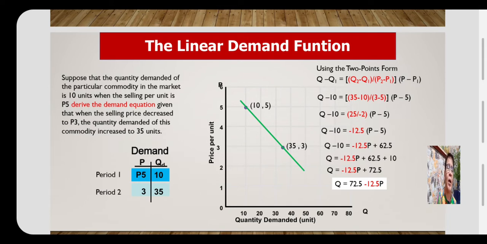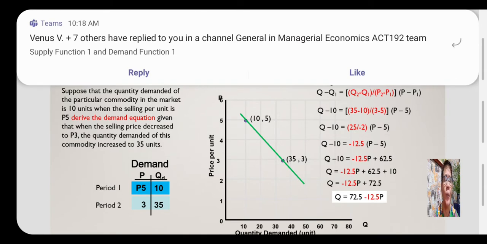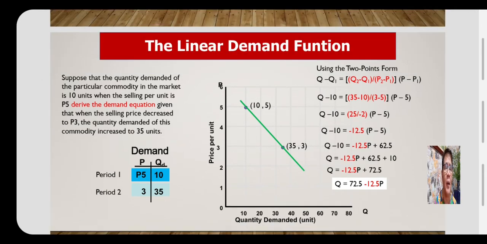So this is now the equation of this straight line, and this becomes the equation of our demand. So the demand equation, given this market condition as stated in the problem, is Q equals 72.5 minus 12.5P. So here we transform the 2 points form into a slope-intercept form.